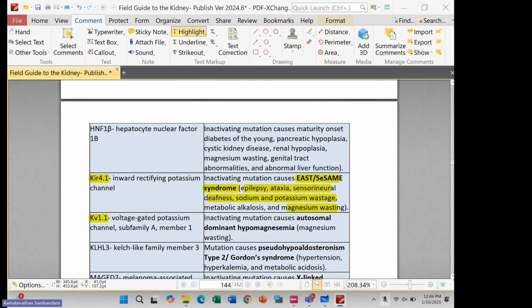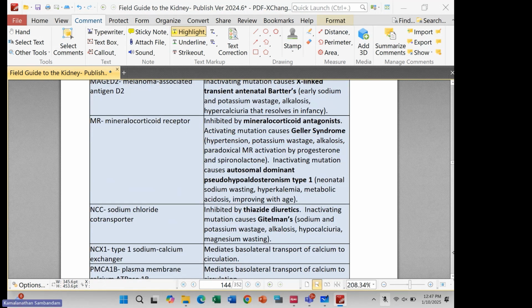We have again this apical membrane transport protein mediating egress, and that would cause this autosomal dominant hypomagnesemia. We talked about the HNF1B mutation causing, again, a form of diabetes, cystic kidney disease, magnesium wasting, and some other manifestations. Okay, so a lot here.